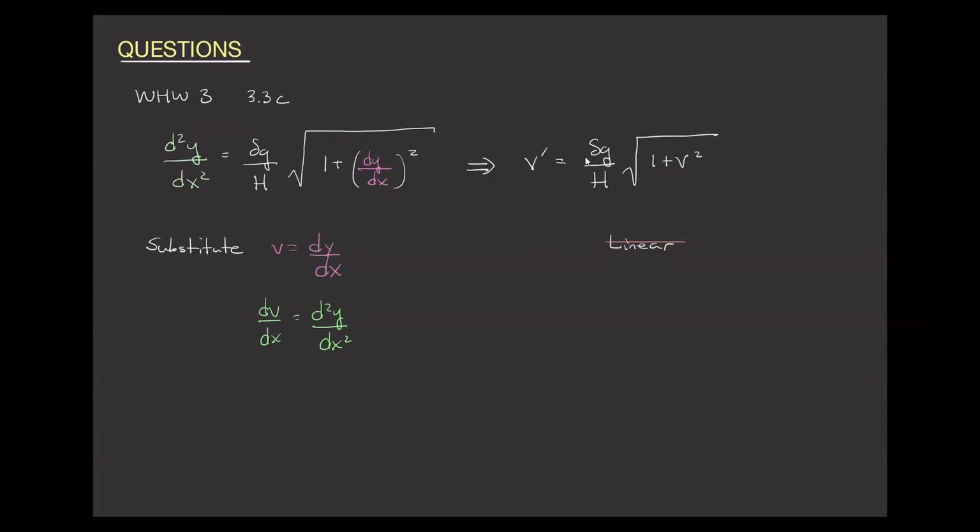And I think it is separable. Namely, we can rewrite it as dv dx is equal to all these constants here times 1 plus v squared, and then divide appropriately. And considering these to be constants, now we have a separation like we see here. So it is separable, not linear, but separable.